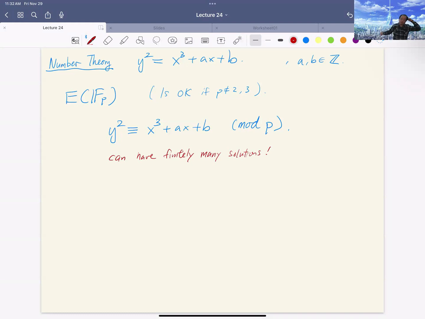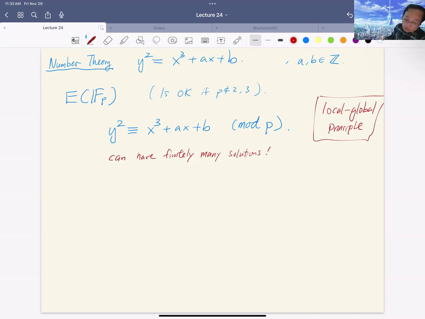So the hope is the local-global principle, as we have always motivated: by studying an equation mod p for every p, we have some information on the original curve over Q, or over the integers, right? That's the hope we always want. So that's the local-global principle.